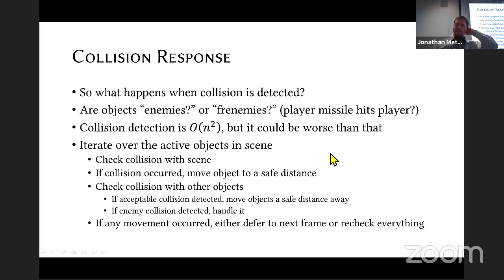Now, generally, collision detection is O(n squared), but I feel it can be worse than that, depending on how you handle it. You want to try really hard to make sure that it is n squared, but you do have problems where this can go out of control. Let's just say you have a box that contains all the objects inside the screen, but you have too many objects to fit in the box.